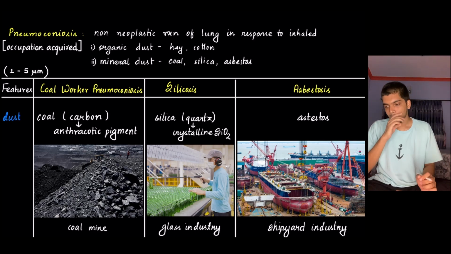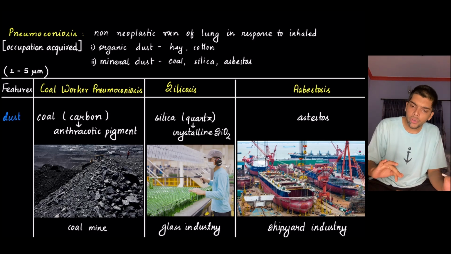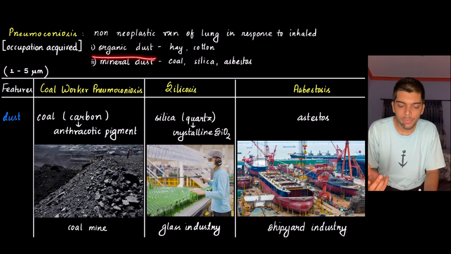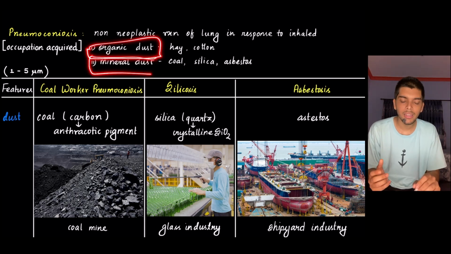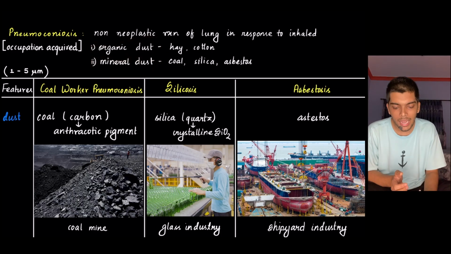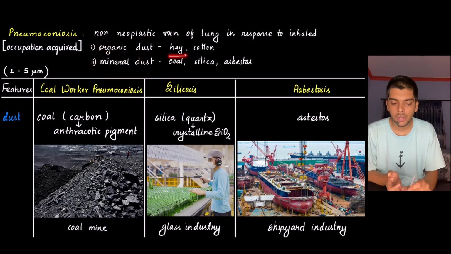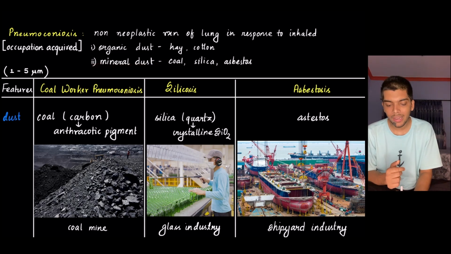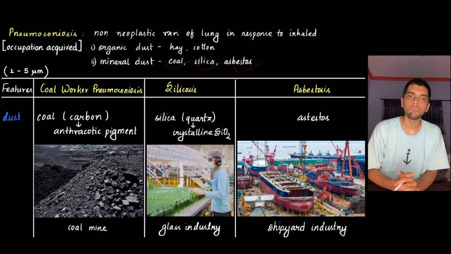Fine. And I said that pneumoconiosis is caused due to inhalation of dust, right? What are the types of dust? So there are two types of dust. There's organic dust and mineral dust. Organic dust like hay, cotton, and mineral dust, which are inorganic dust like coal, silica, asbestos.